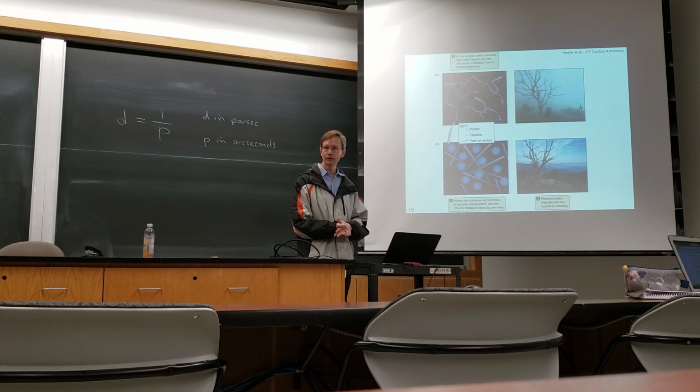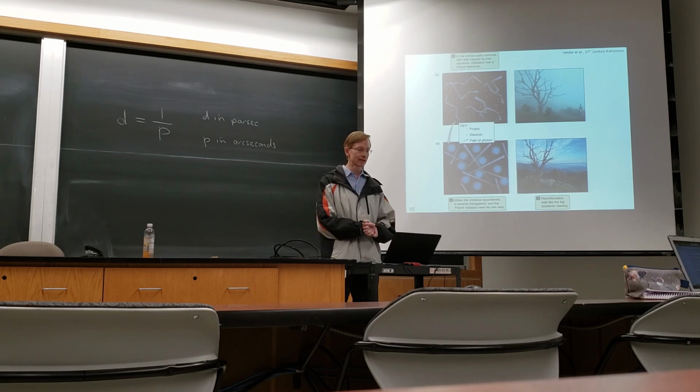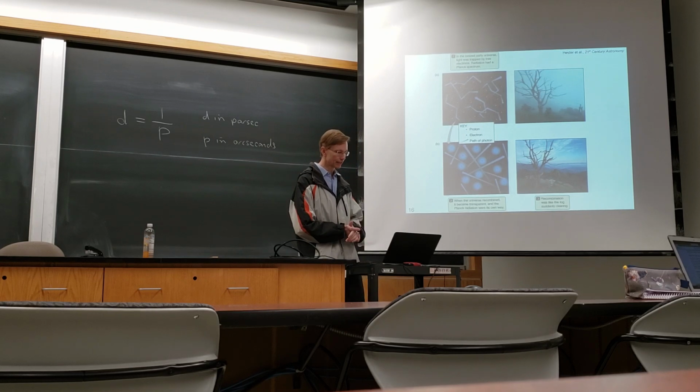You couldn't see very far through it if you were able to be there at the time. Obviously, nobody was there. But photons couldn't travel very far before scattering off of an electron.